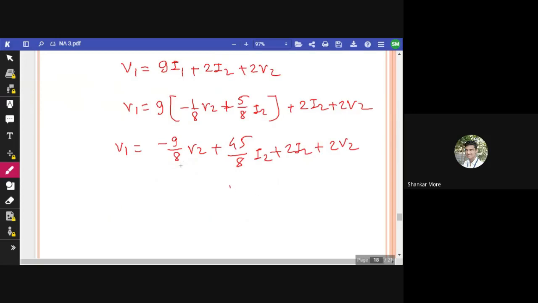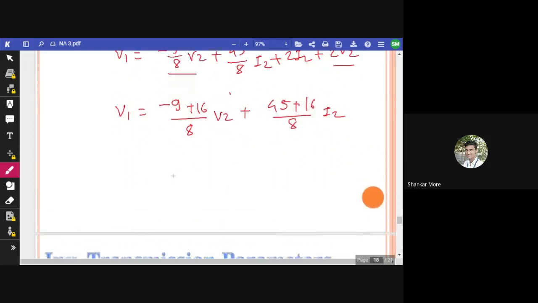So combine these terms. How do we combine this? V1 is equals to minus 9 plus 16 divided by 8 V2 plus 45 plus 16 by 8 I2. I hope it is clear to you.